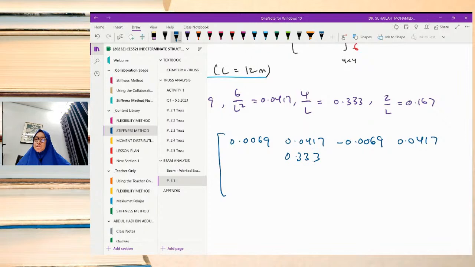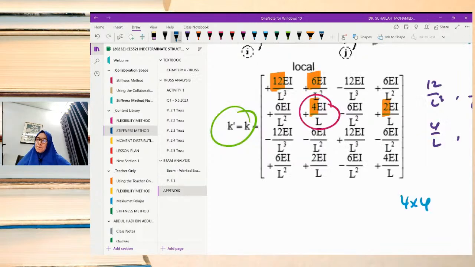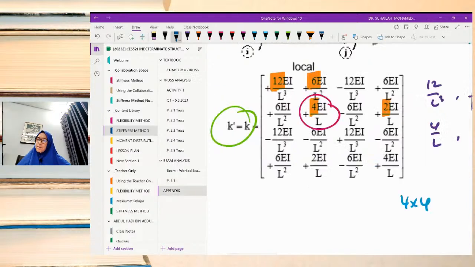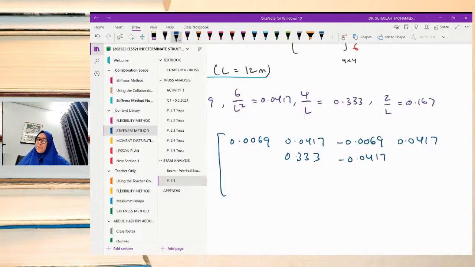Then it is negative 0.0417. Then positive 2 divided by L, 2 divided by L is 0.167.